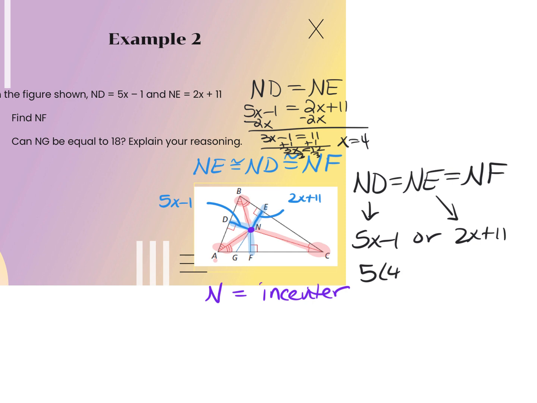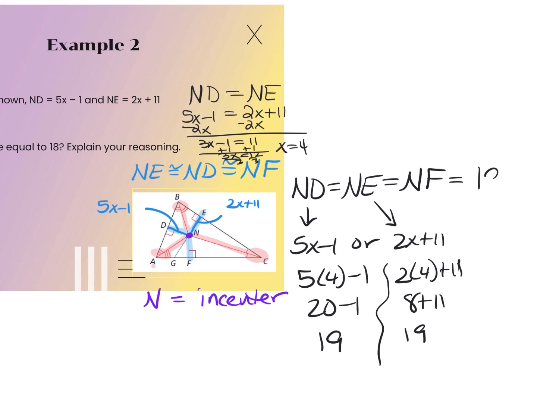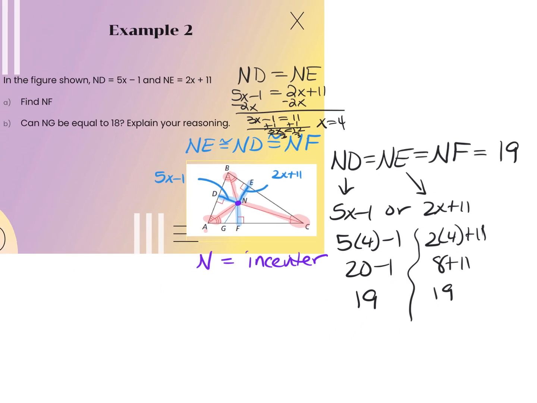So 5 times 4 minus 1, 20 minus 1, and I get 19. If I would have plugged it into NE, 2 times 4 plus 11, 8 plus 11, I get 19 that way either way. So ND, NE, and NF, they're all 19.